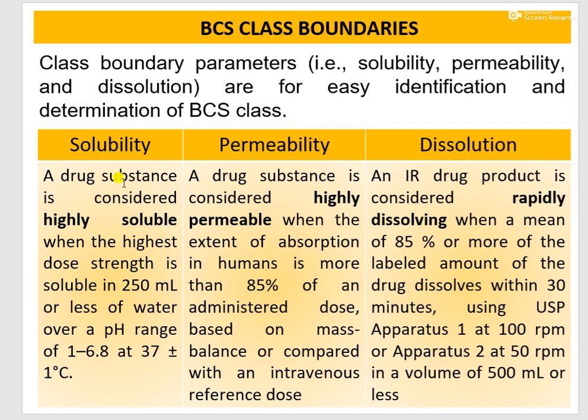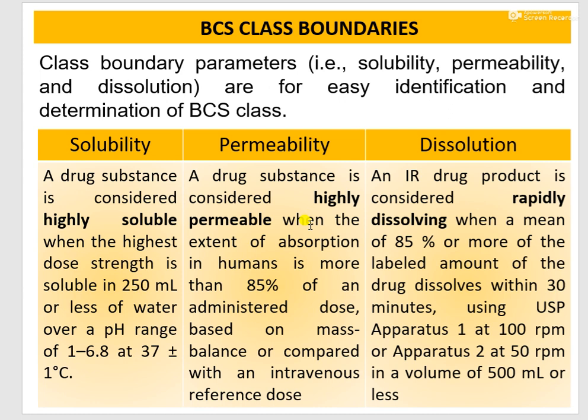A drug substance is considered highly soluble when the highest dose strength of the drug is soluble in 250 ml or less of water over a pH range 1 to 6.8 at 37 degree plus or minus 1 degree centigrade.